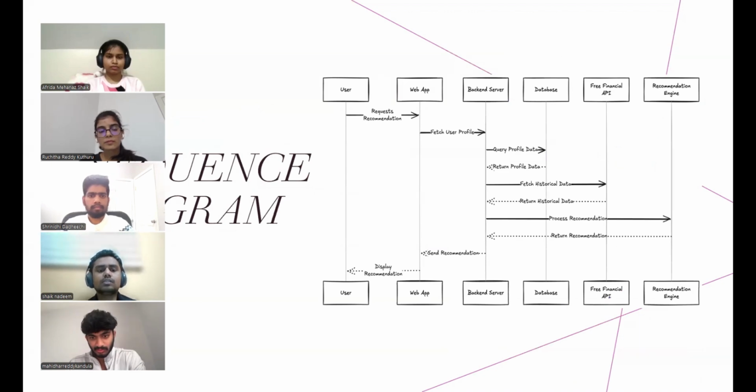And here is our sequence diagram. The diagram illustrates the interaction flow between the different system components. For example, here you can see the user is requesting the recommendation. The request goes to the web application, and our web layer speaks to the backend server and fetches the user profile from our backend services.